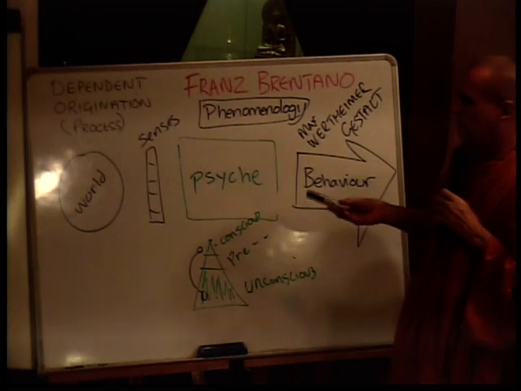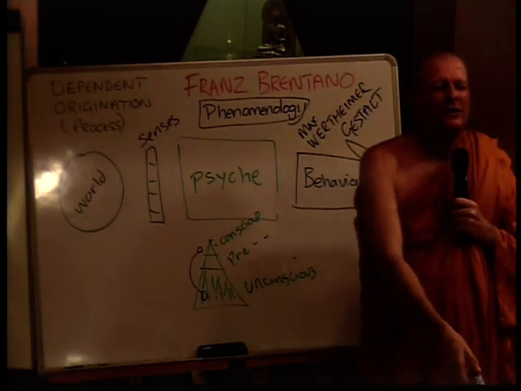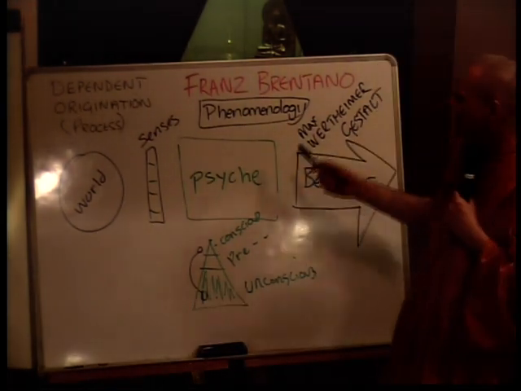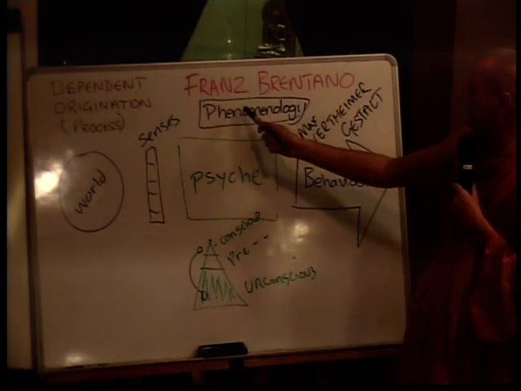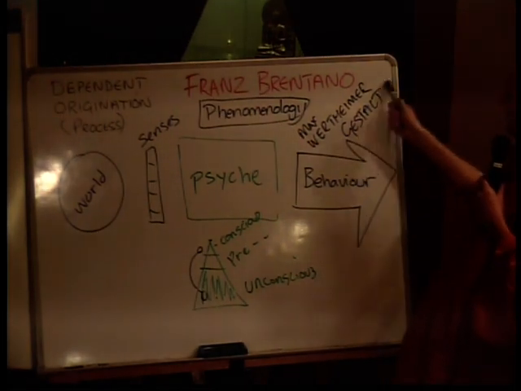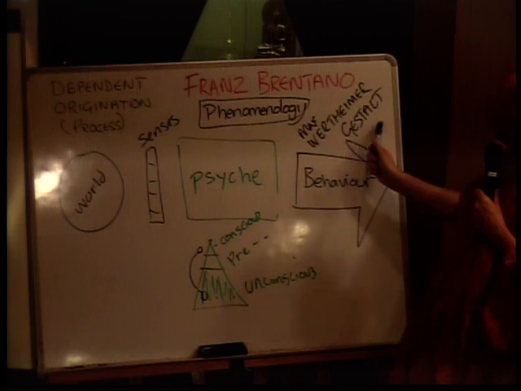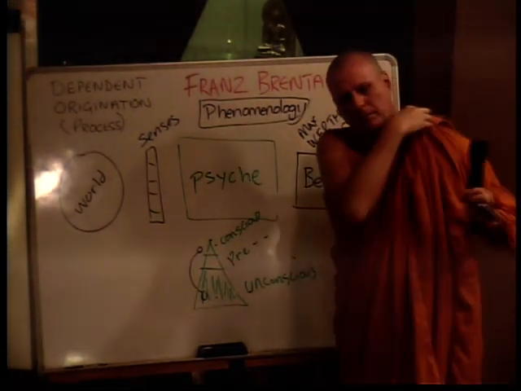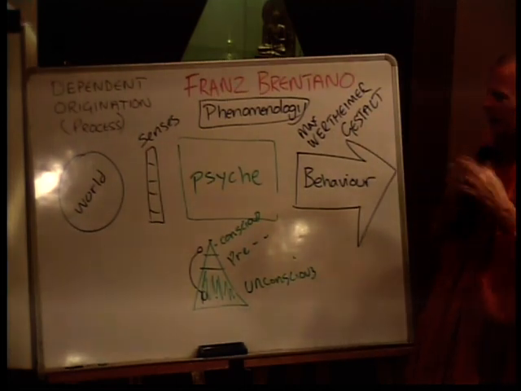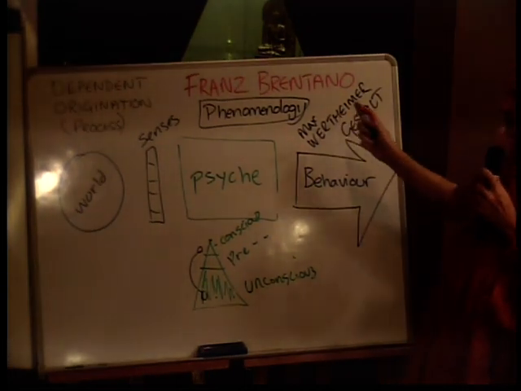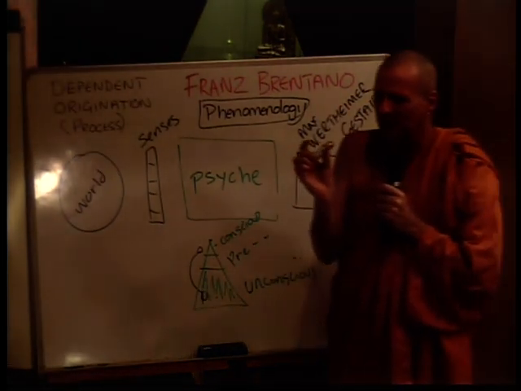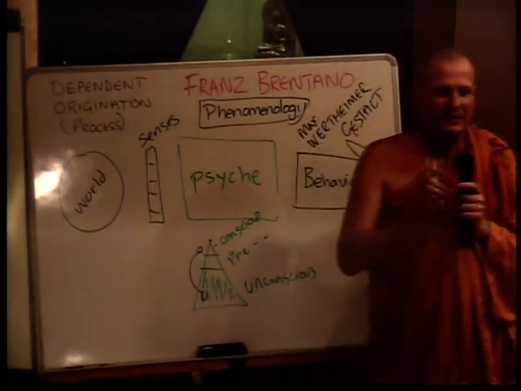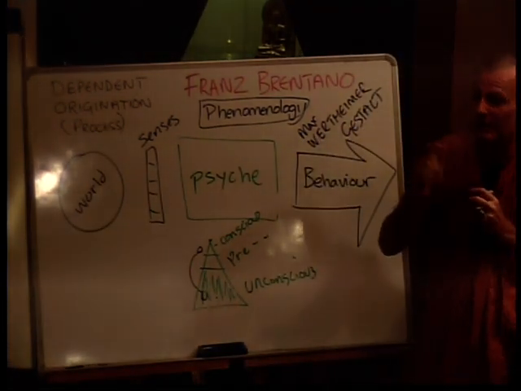When I call this dependent origination and phenomenology, I'm not an expert in this. My field of expertise is Gestalt, but it comes from the same guy. Now, what Wertheimer and others did was they wanted to see exactly what you're experiencing.